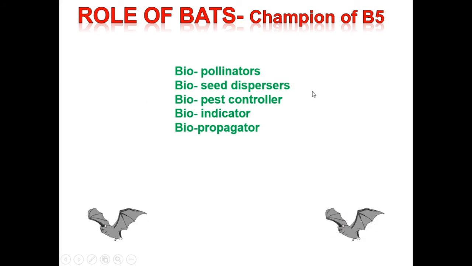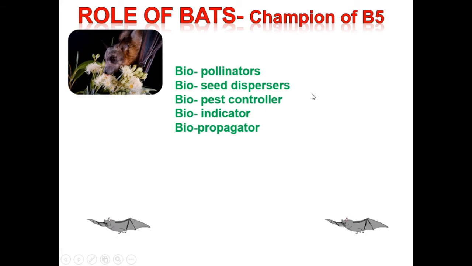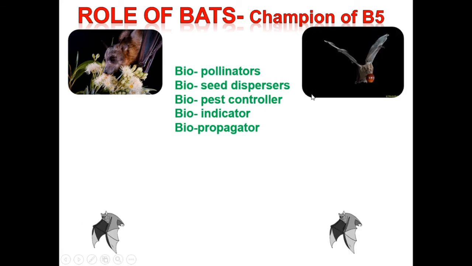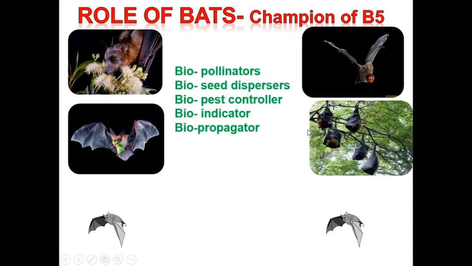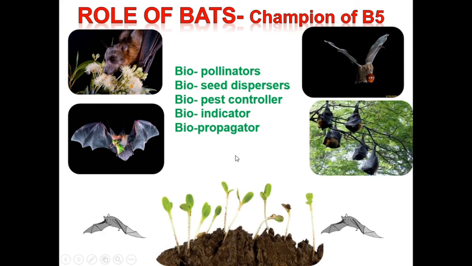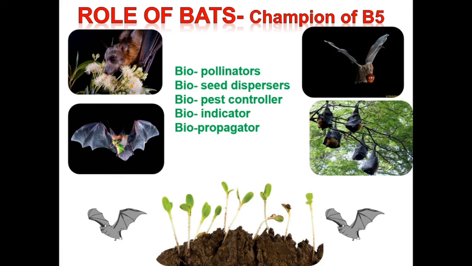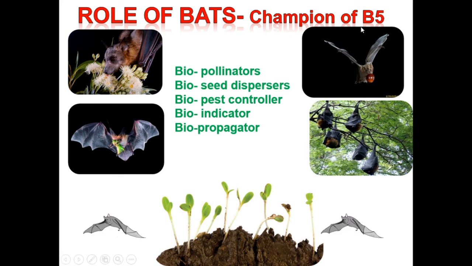They act as biopollinators, bioseed dispersers, biopest controllers, bioindicators, and biopropagators. So these bats are the champion of all the B5.